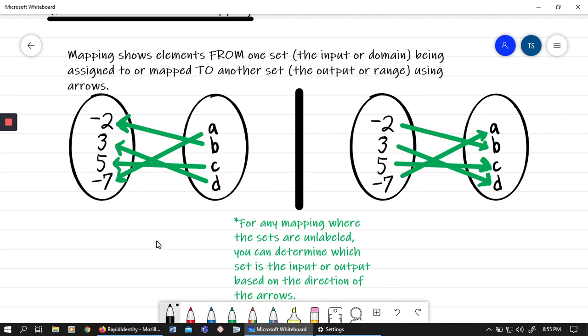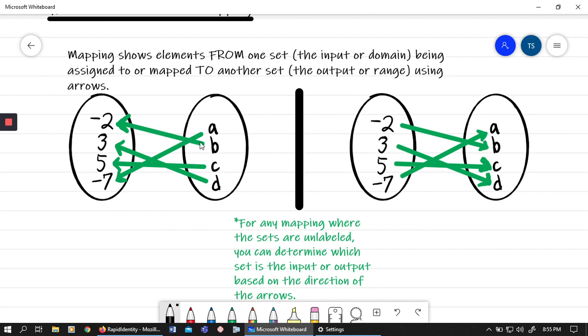So based on the direction of the arrow, it should be fairly simple to identify which of these two sets is the result, because you know where the arrow starts, and you know where the arrow ends.